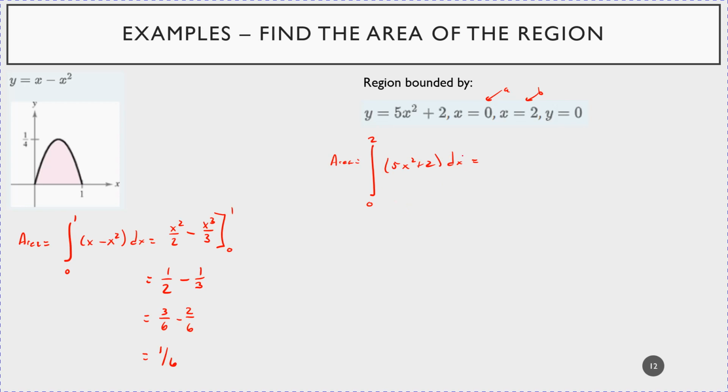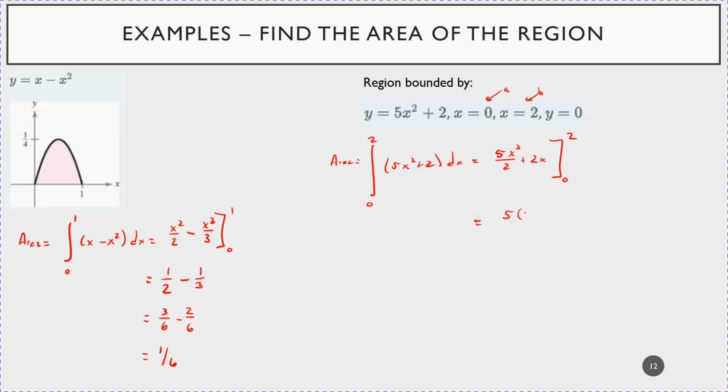When you integrate x squared, this is 5x cubed over 3 plus 2x, and you're going from 0 to 2. You don't need to plug in 0 because it's going to wipe everything out here, so it's just 2.